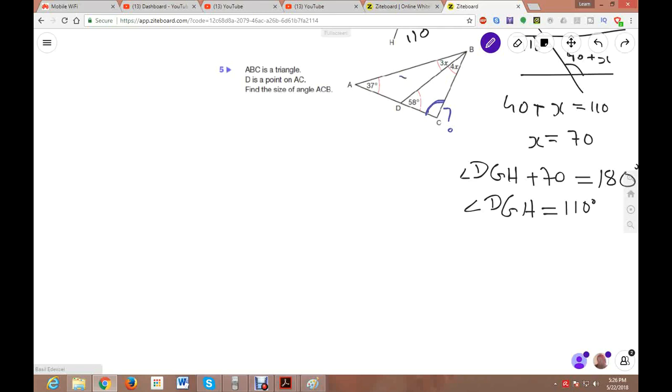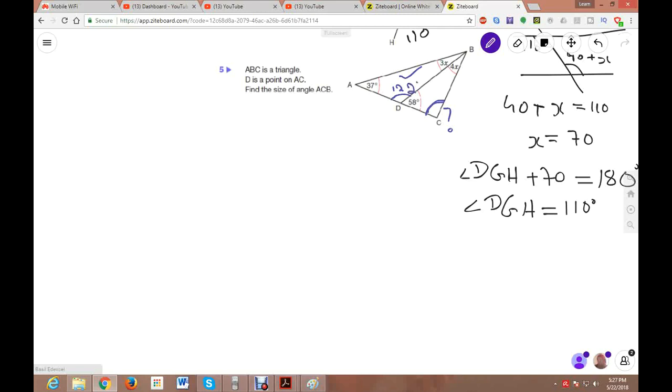If you focus on this triangle, this is said to be 180 minus 58, which is 122. Okay, this is your 122. So now the sum of the three angles of this triangle equals 180.